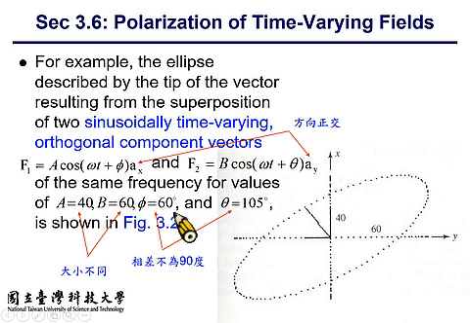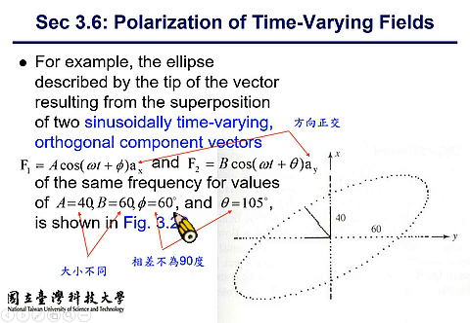So it has to be the so-called elliptical polarization. Another condition is the phase difference of the two, which can be determined by the phi and theta angles here. We see F1 is cosine omega t plus phi, and F2 is cosine omega t plus theta.